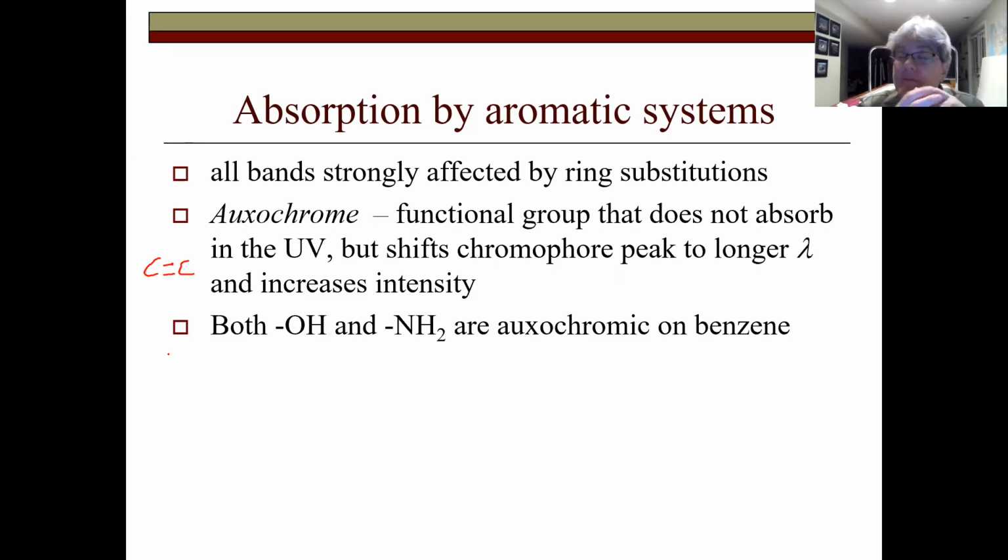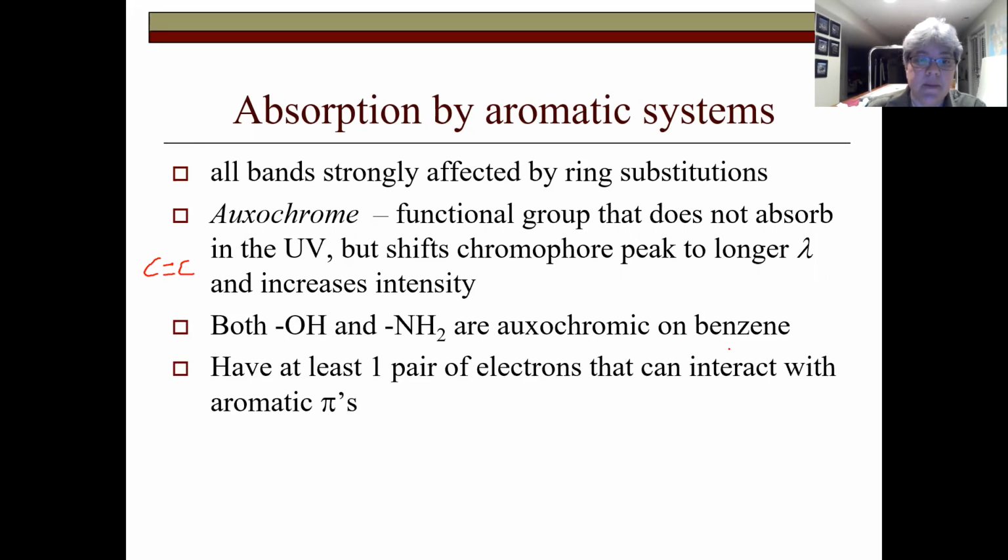So there are a lot of things that affect the absorption. We'll just look at 2. So if you put either OH or NH2 on benzene, it will affect the absorption. So we say they're auxochromic. That means they affect the absorption bands of benzene.